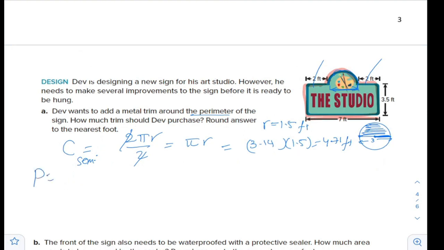You are going to add this curved path, which is 4.71, plus 2, plus 3.5, plus 7, plus another 3.5, because we need to include this one, and another 2, plus 5.5, plus another 5.5, plus 7, and the answer is 22.71 feet. This is the perimeter.